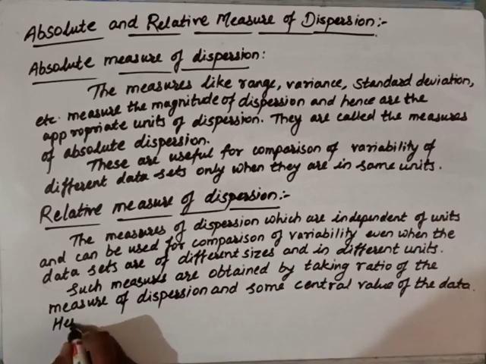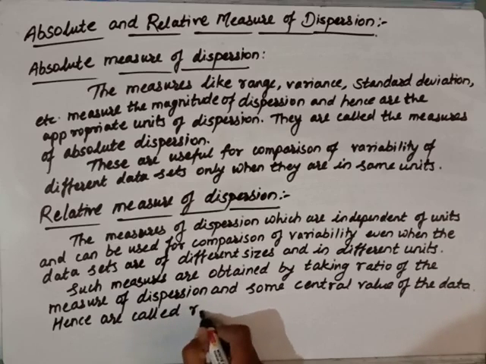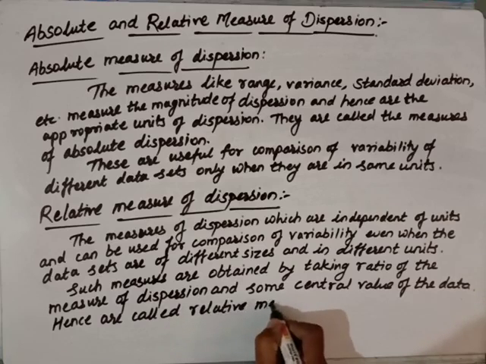Hence, as it is a ratio, they are called relative measures of dispersion.